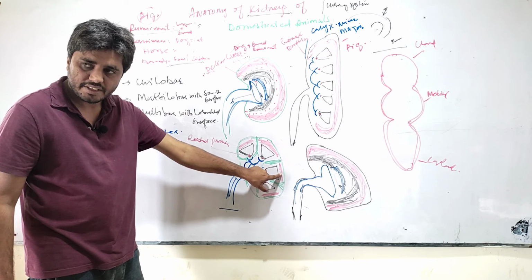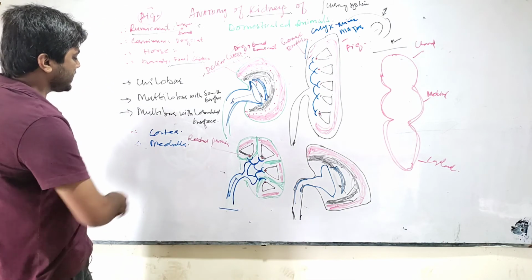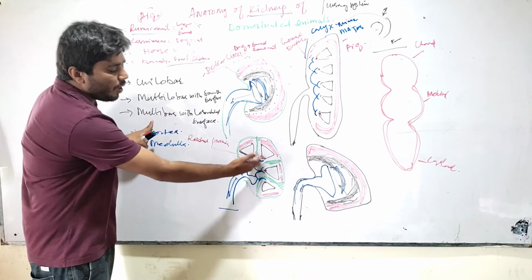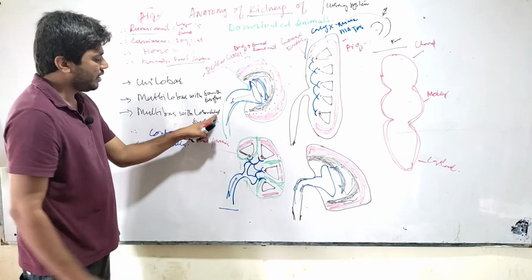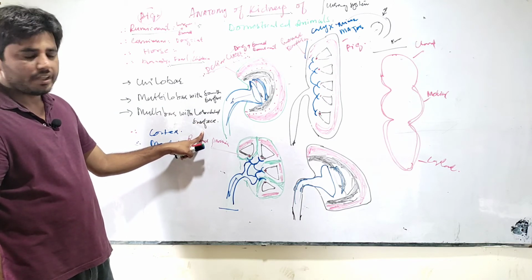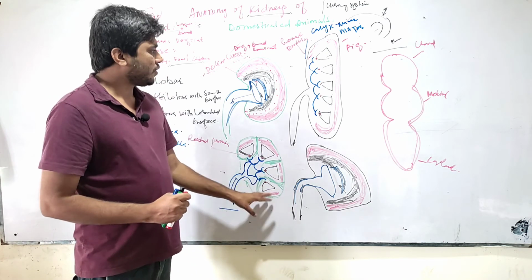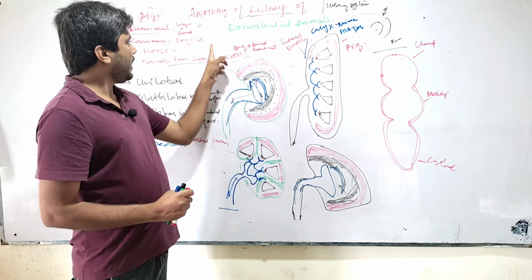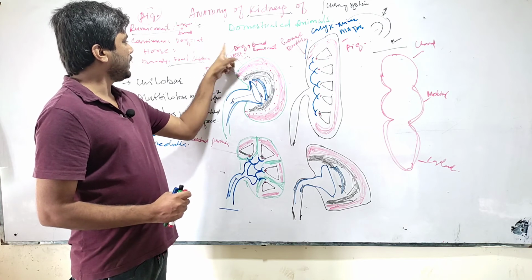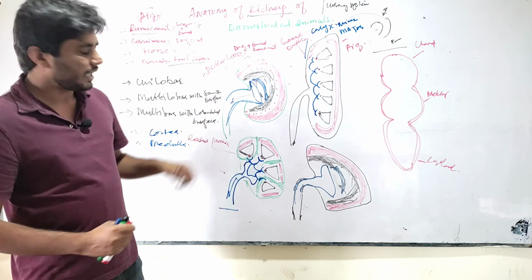Is that clear? That is why this kidney is known as multilobar, with many lobes and a lobulated surface. Also remember that small ruminants like sheep, and dog and cat, do not have calyces.